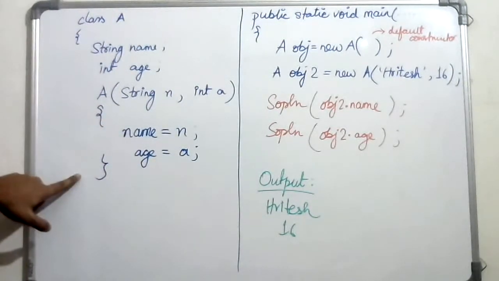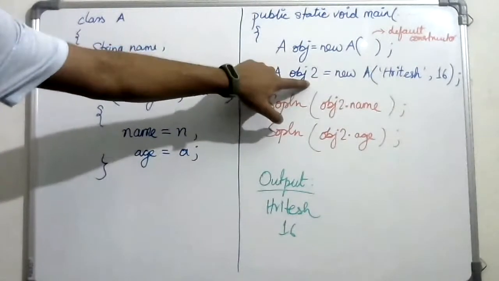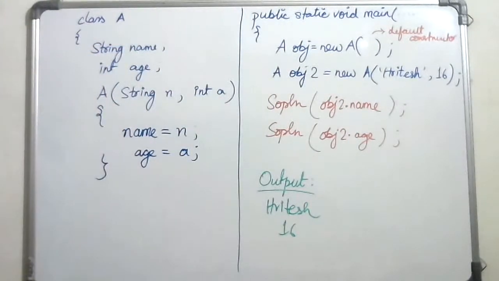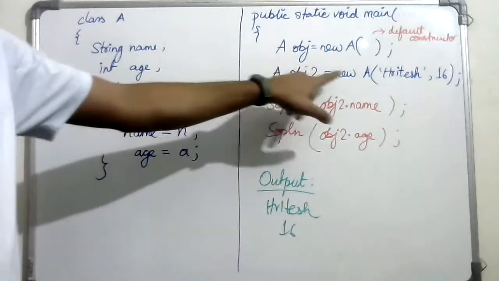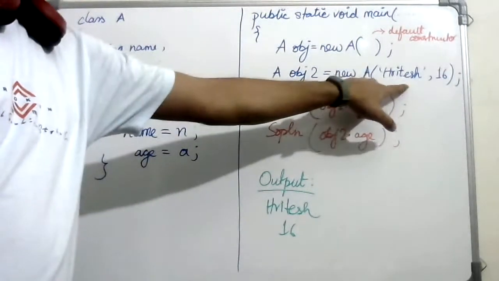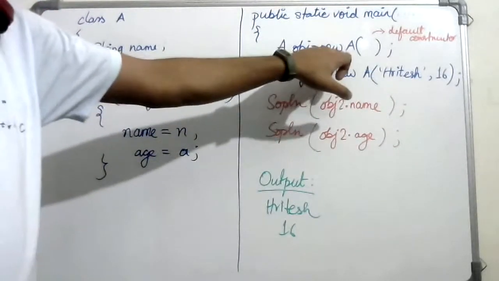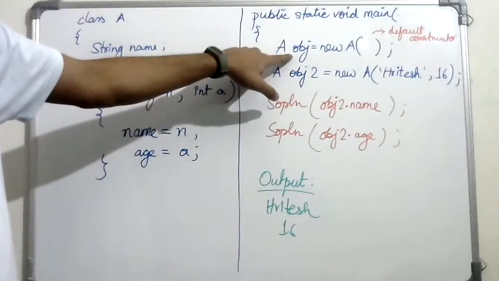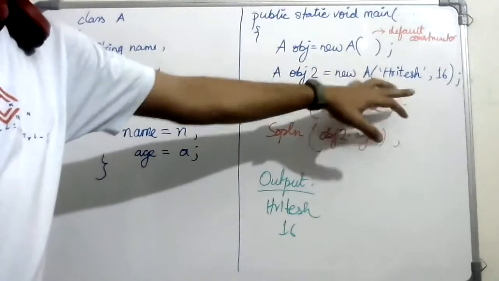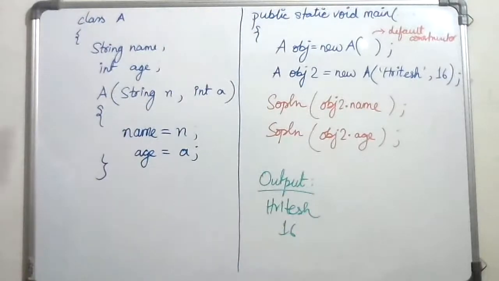When the parameterized constructor is called for object 2, so here again, I'm calling the parameterized constructor for object 2. Here, as you can see, I'm calling the default constructor for obj. Here I'm calling the parameterized constructor for obj2. In the beginning, if you remember, I had told you each object has its own set of variables.